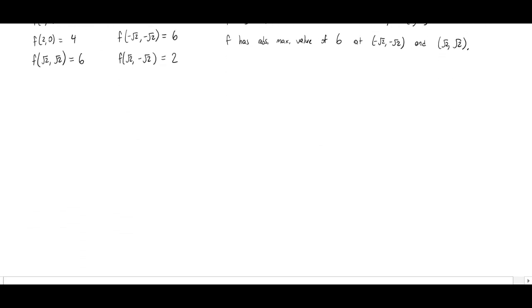So I'm going to do one more example now. Let's consider the function f of x y equals 3x squared plus 2y squared minus 4y.